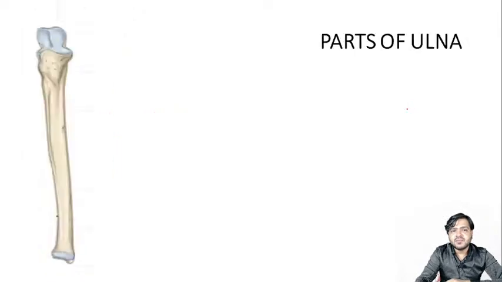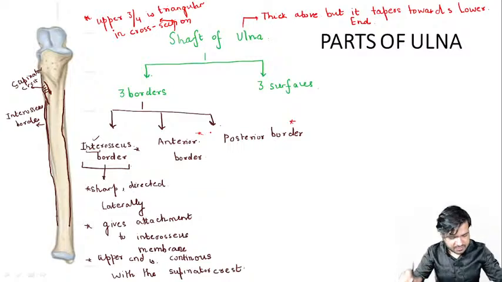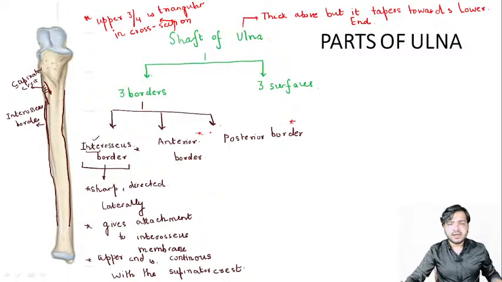I hope all the three borders are done, guys. All the three borders, anterior, interosseous and posterior border, done. So just give me a thumbs up, guys, that you already have written this particular notes or noted down in your registers, so that I can continue with the surfaces of the ulnar bone.